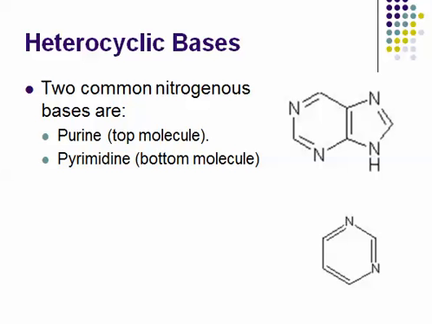It is a purine or it is a pyrimidine, but it's a special type of purine, a special type of pyrimidine. And there's four of these that we will talk about in DNA. RNA, which we will also discuss, uses a different one. And we will talk about why that change happens and how it happens.